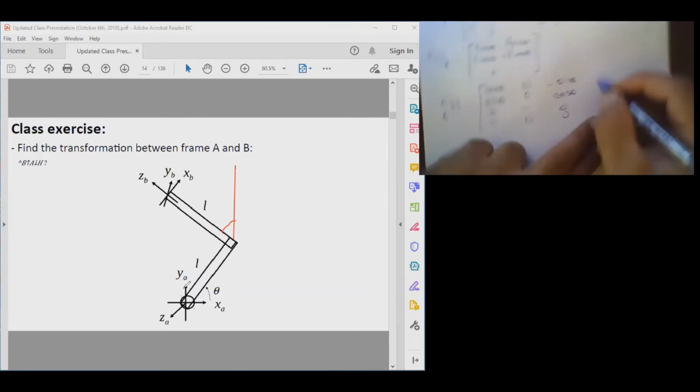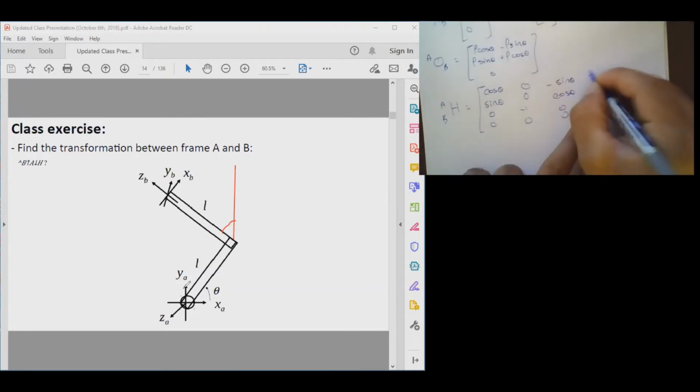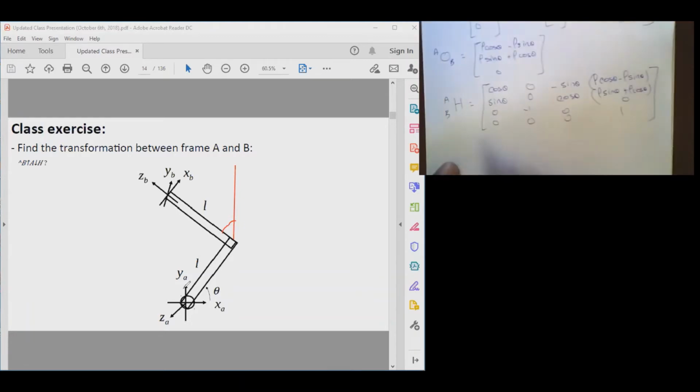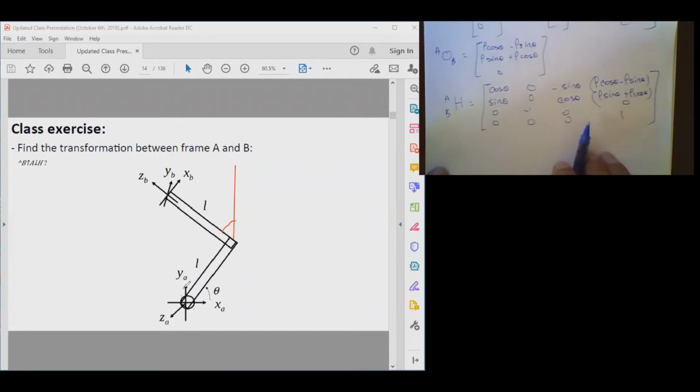And then the last column is going to be L cosine theta minus L sine theta, with the whole thing in parentheses, then L sine theta plus L cosine theta, 0, and then 1. Okay, so that is your HAB. Now let's do this in Matlab and validate that we get the same result. I encourage you to also do these problems on your own to make sure that you are able to do this.